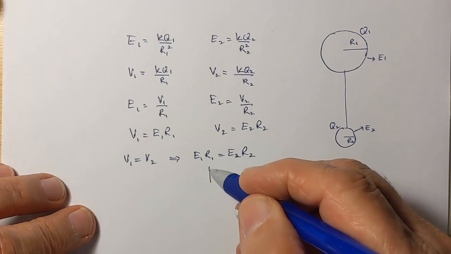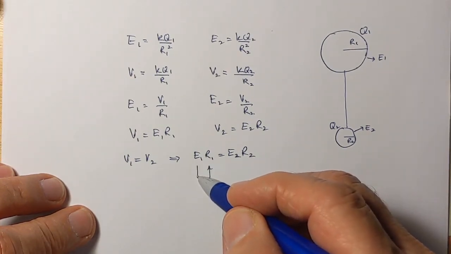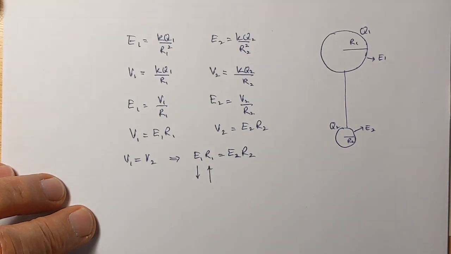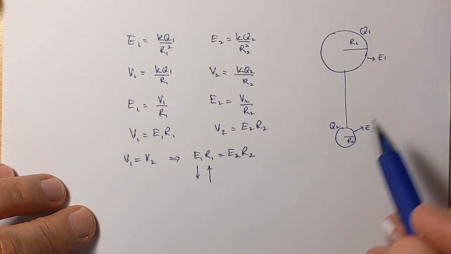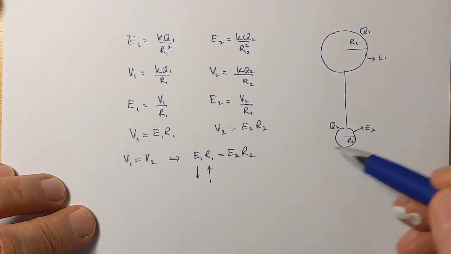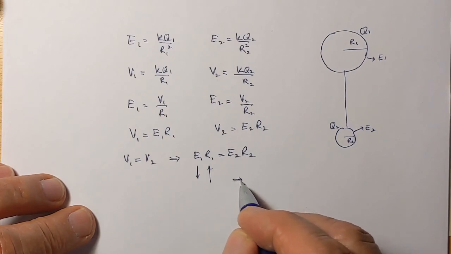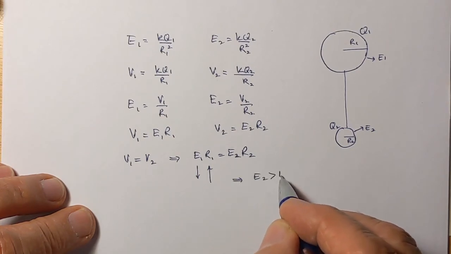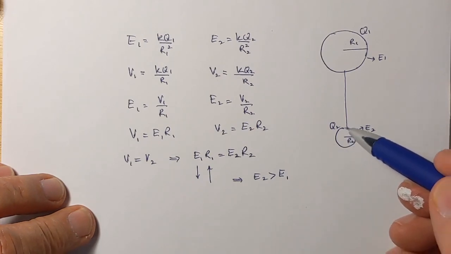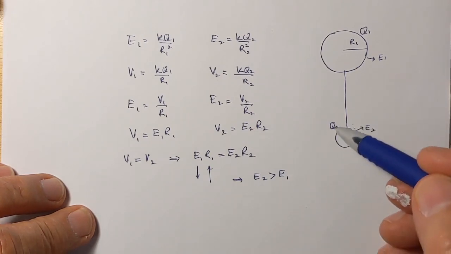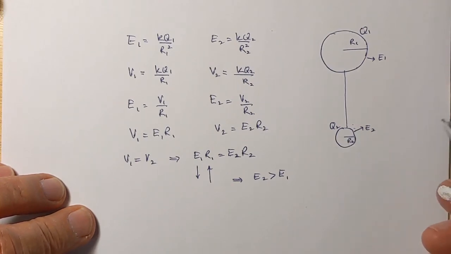Now R1 is bigger than R2, therefore E1 must be smaller than E2, because the product has to remain the same. So if R2 gets smaller, E2 has to get bigger. This means that E2 is greater than E1. So the smaller radius sphere has a greater electric field, and the smaller the radius gets, the bigger the electric field gets.